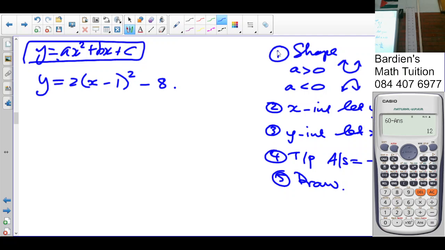So do that quickly. You know how to multiply out, no? Multiply it out, don't worry.